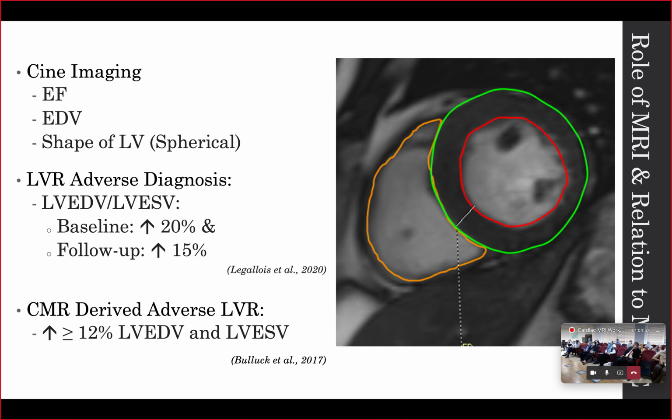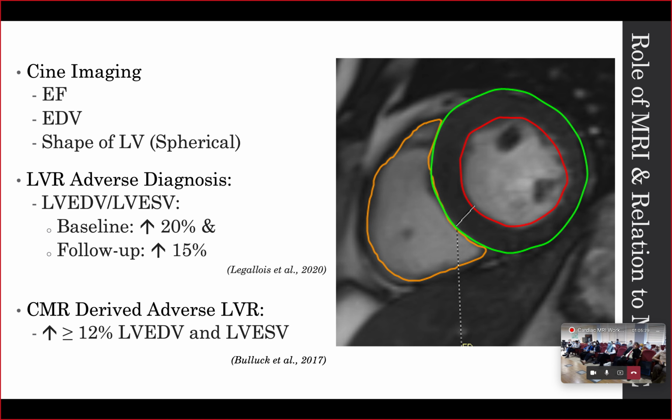Previously, it was thought that any increase of the left ventricular end diastolic volume or the left ventricular end systolic volume by 15% or by 20% indicates a very bad prognosis and a high mortality rate. Recently, this percentage has been reduced down to 12%.